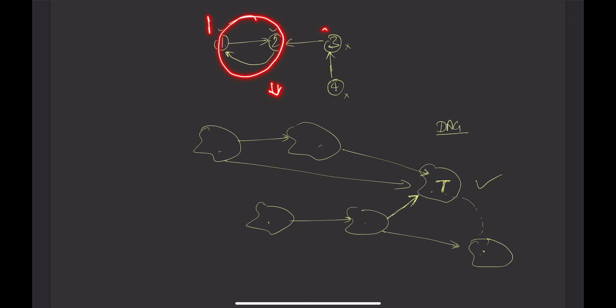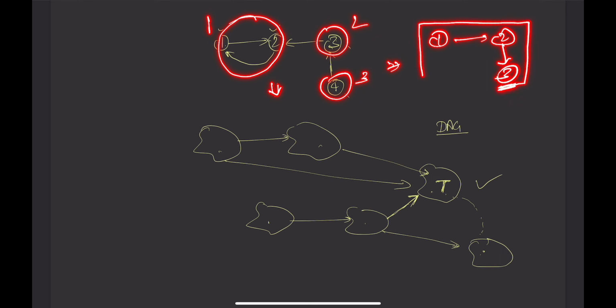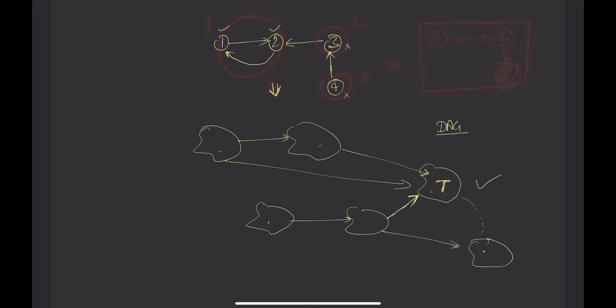This belongs to 1, this belongs to 2, this belongs to 3. I need to create this graph 1, 2 and 3. Do we need to create the graph or just we can count it? The out degree of every SCC, I think we can just count it, right?